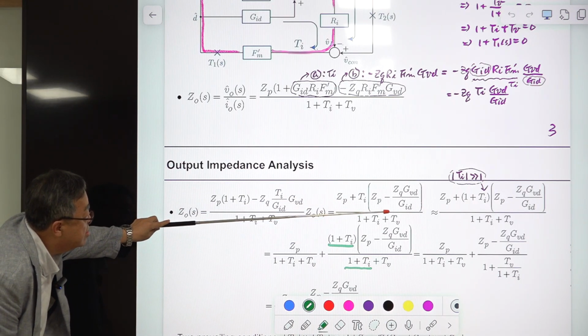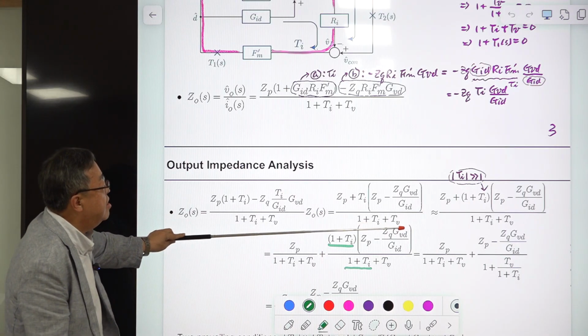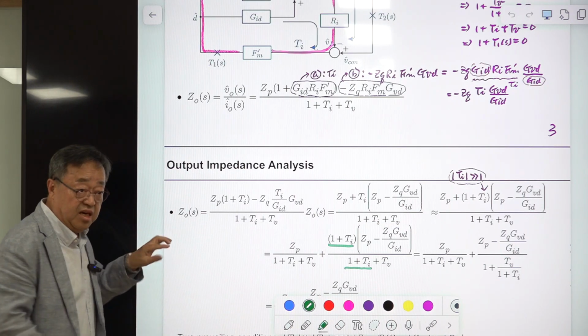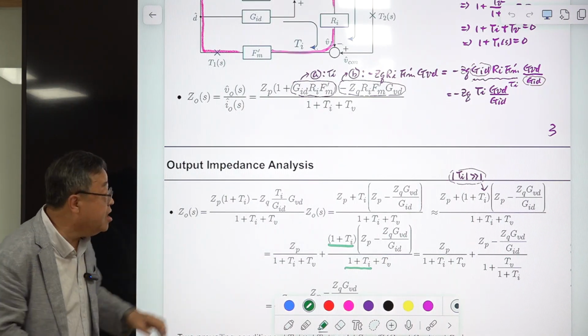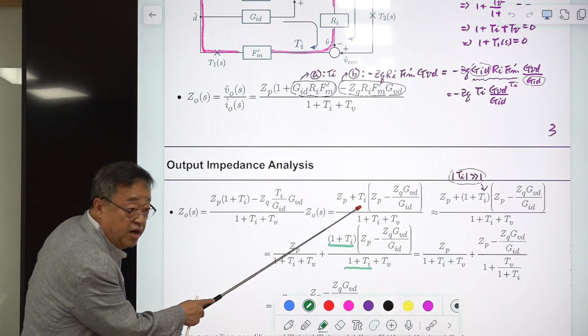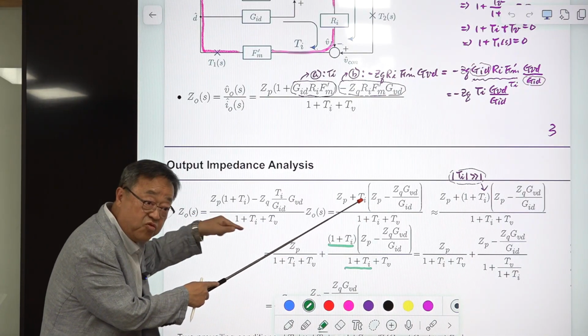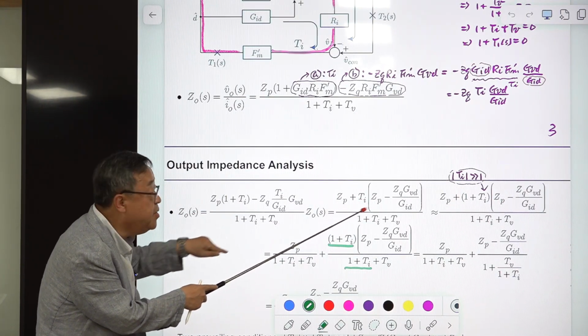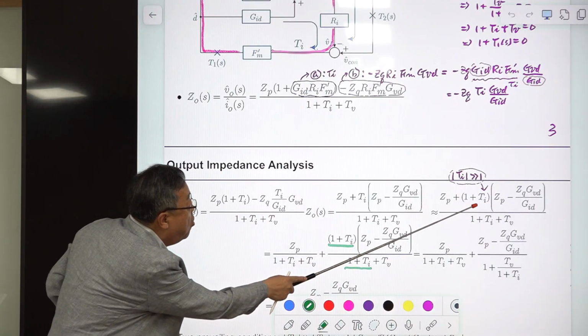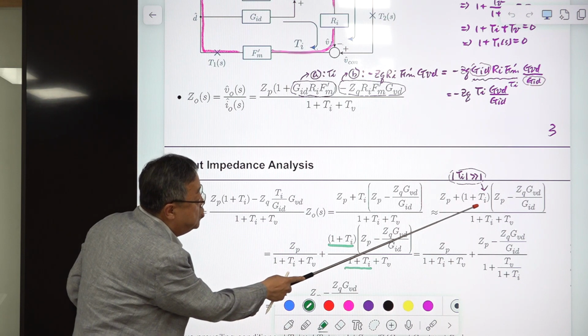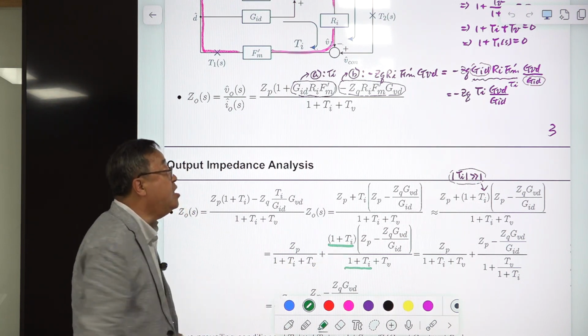All right, this is the same. But you need one approximation. When Ti is much larger than unity, you add 1 here. It really doesn't matter. This is the 20, then you add 21, and 20 is the same, and you add this because the magnitude of Ti is assumed to be much larger than unity.